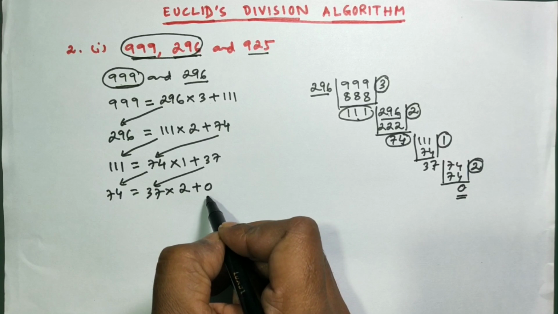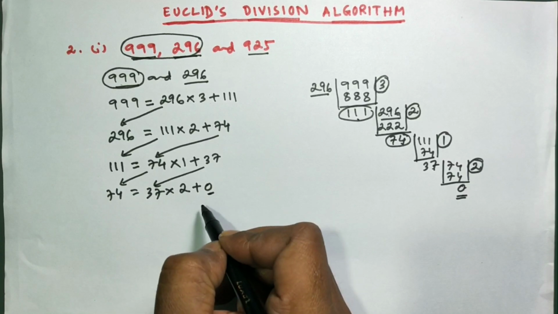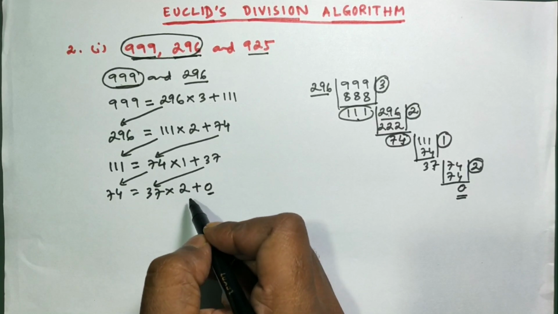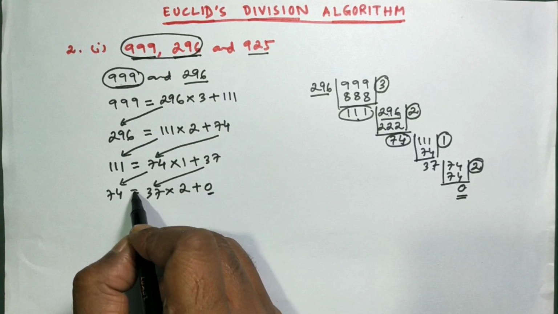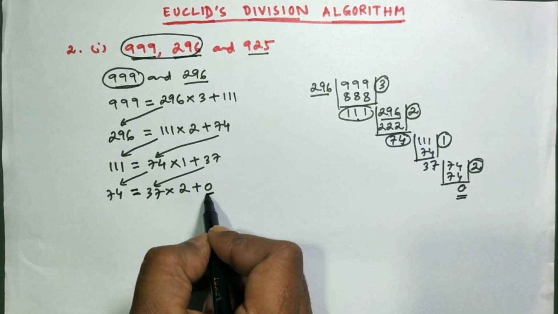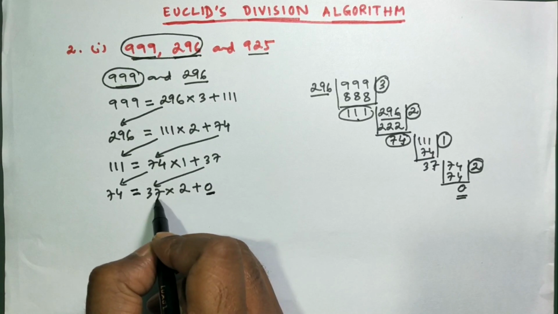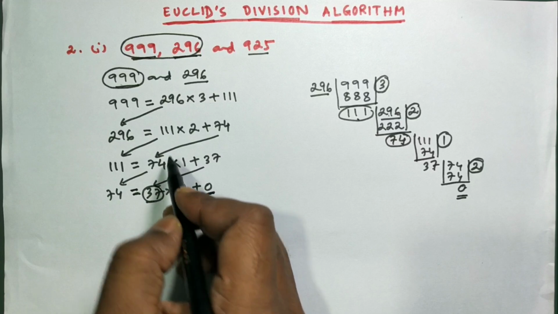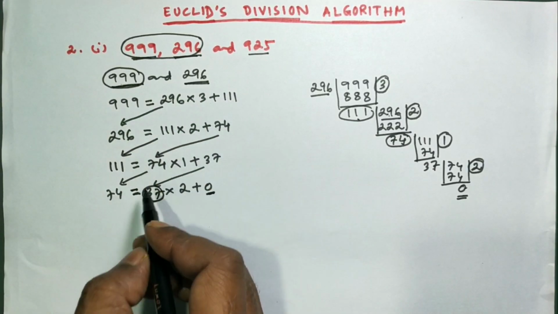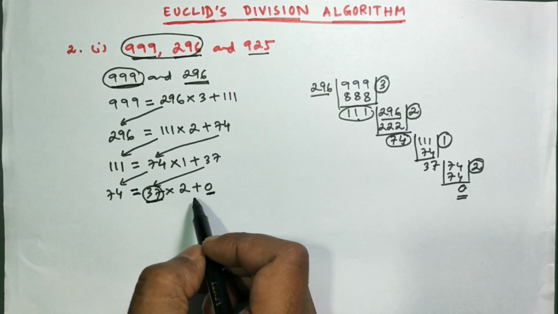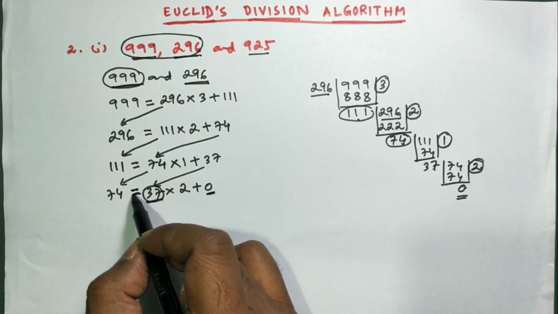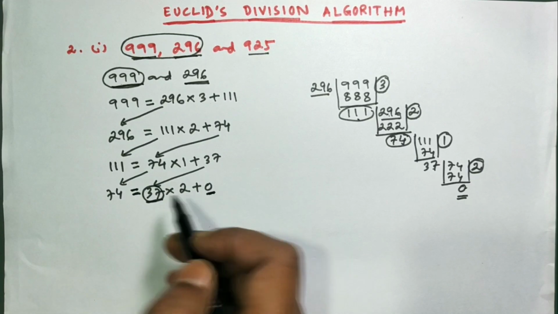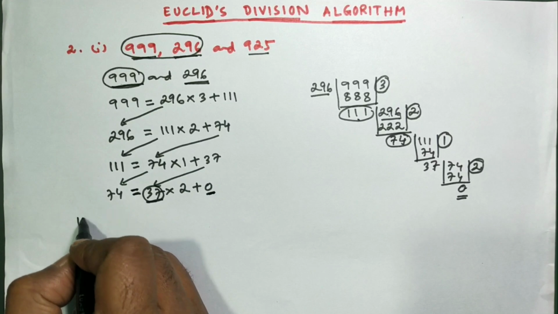If the remainder is 0, then we need to stop here, and we have to see the number which is just after the equal sign in the line where we get 0 as a remainder. In the same line, the number after the equal sign is the HCF of these two numbers. Here, since 37 is the number right after the equal sign in the same line where we got 0, 37 is the HCF.